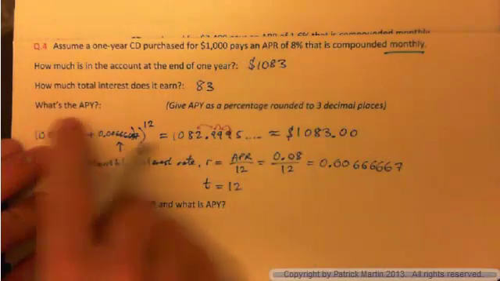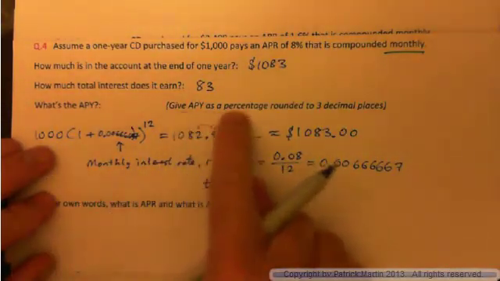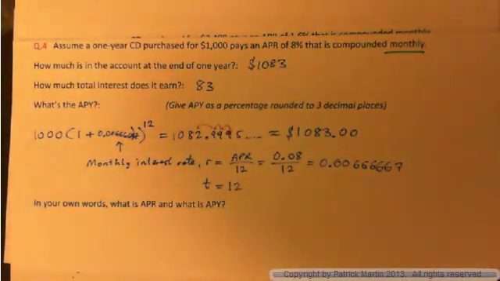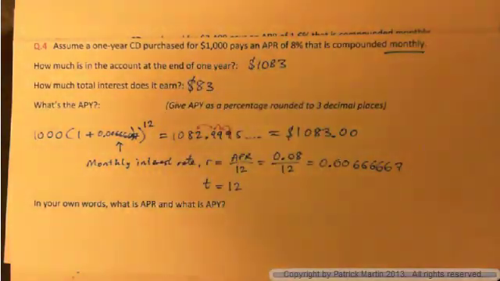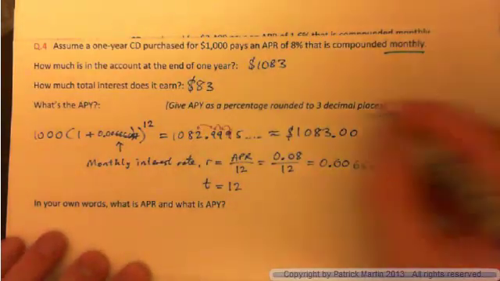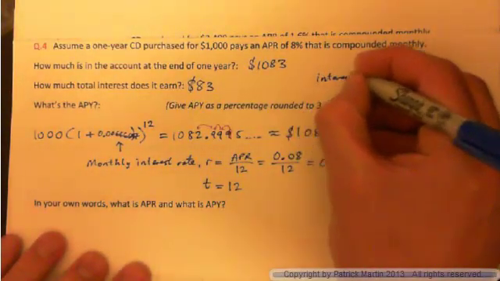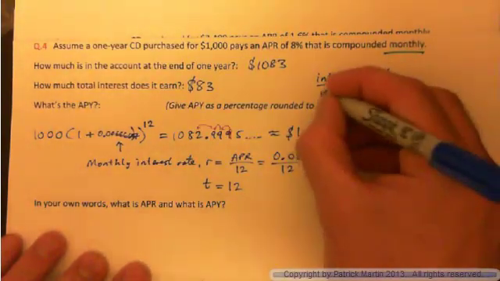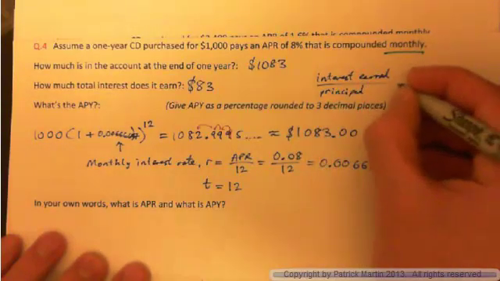$83. What's the annual percentage yield? Give APY as a percentage rounded to 3 decimal places. Press pause and do that one. What's the annual percentage yield? Okay, I'll do it now. To get the annual percentage yield, you take the interest earned and divide that by what you began with, the principal, or what was in the account at the start of the year.